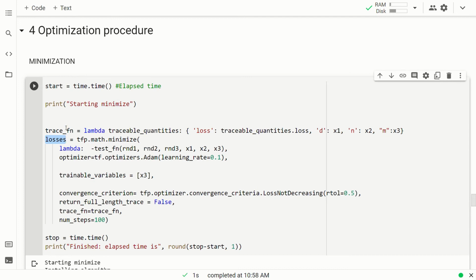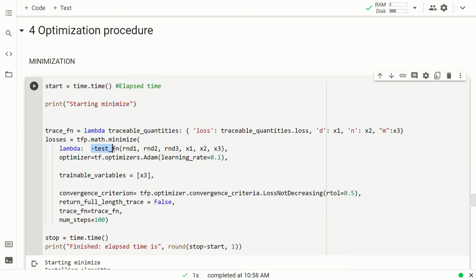Here I'm defining the loss function. So what to minimize. And in fact, the loss function uses a TensorFlow Math package, minimize algorithm. And here I wrote that the loss is given by the negative of the test function. Now, why the negative of the test function? Because there is only a minimize algorithm and not a maximize one.